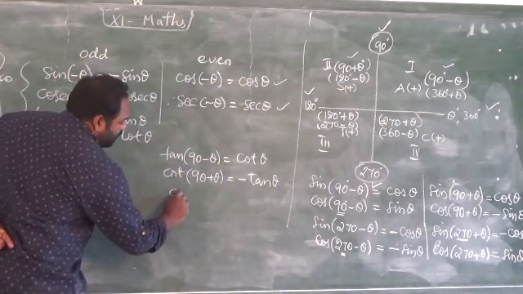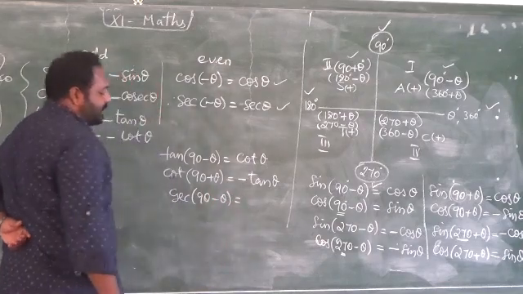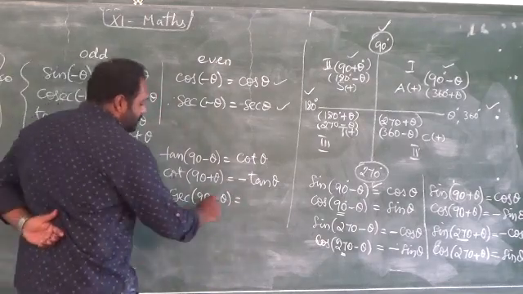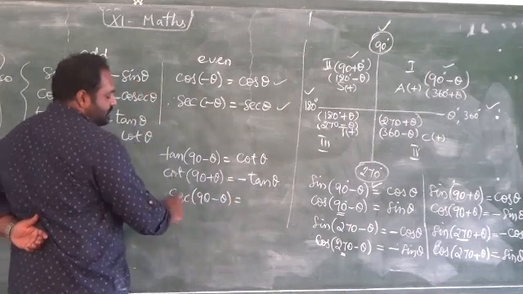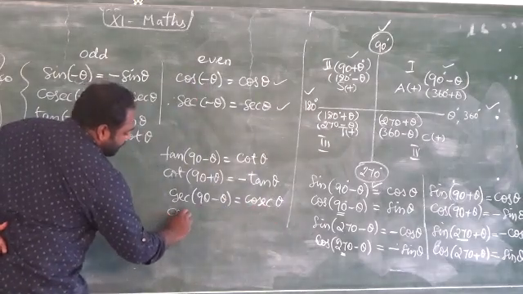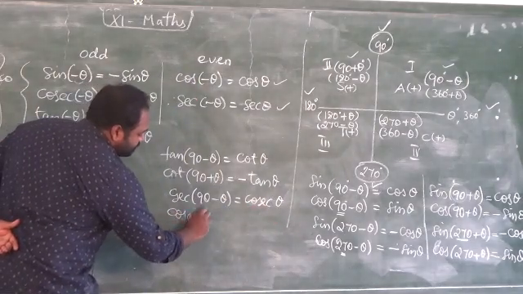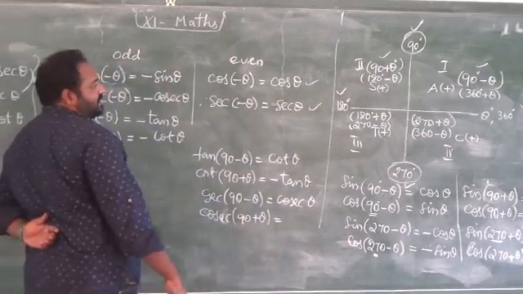Then secant 90 minus theta. Which quadrant? First quadrant, all are positive. Because of 90, the co-ratio is cosecant theta. Cosecant 90 plus theta, second quadrant.